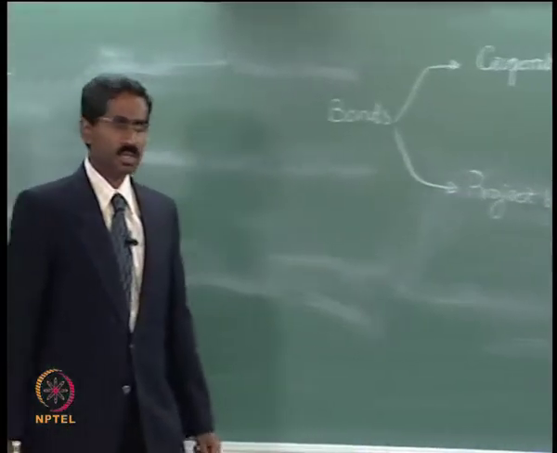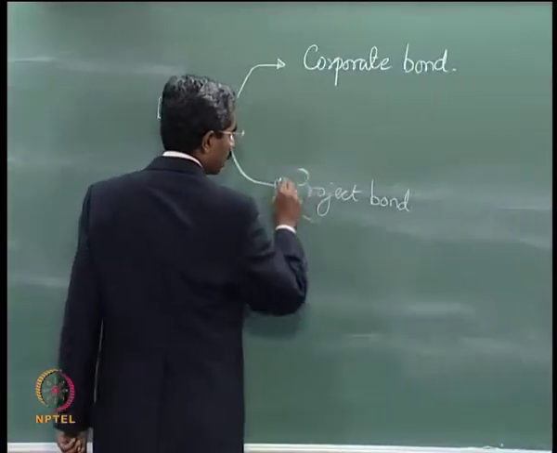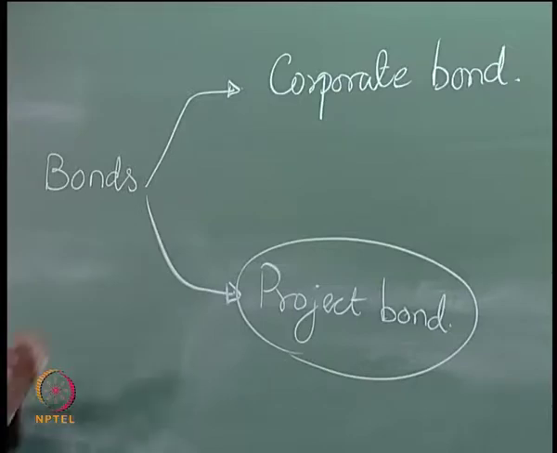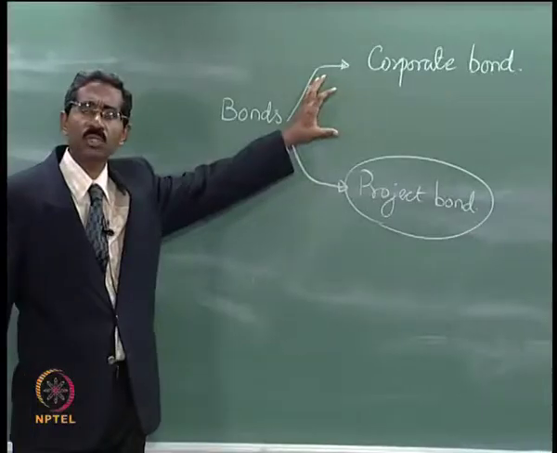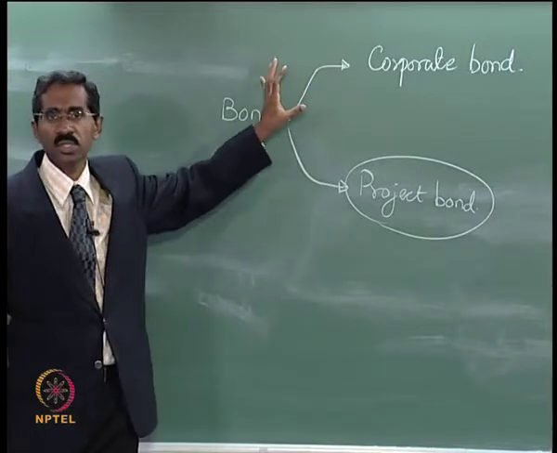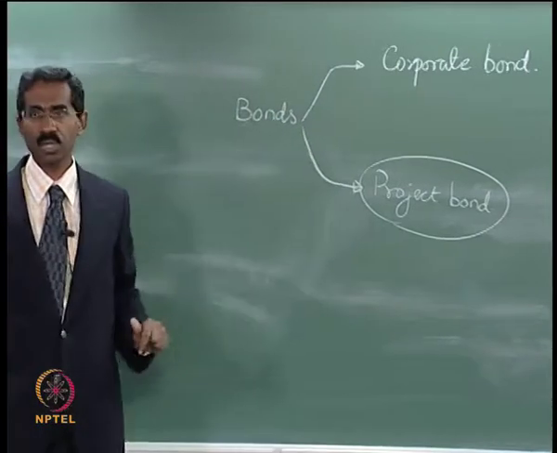So whatever we have been discussing so far has been on project bonds, right? But there has been another category called corporate bonds, where the bonds are issued by the corporations, and this is something that is used in corporate finance.